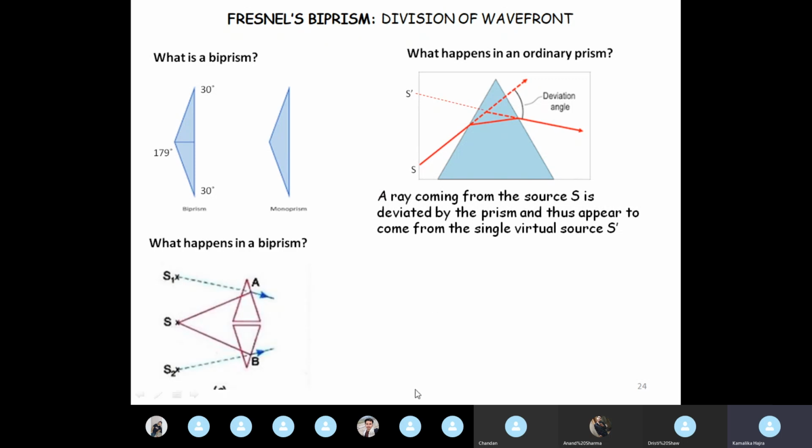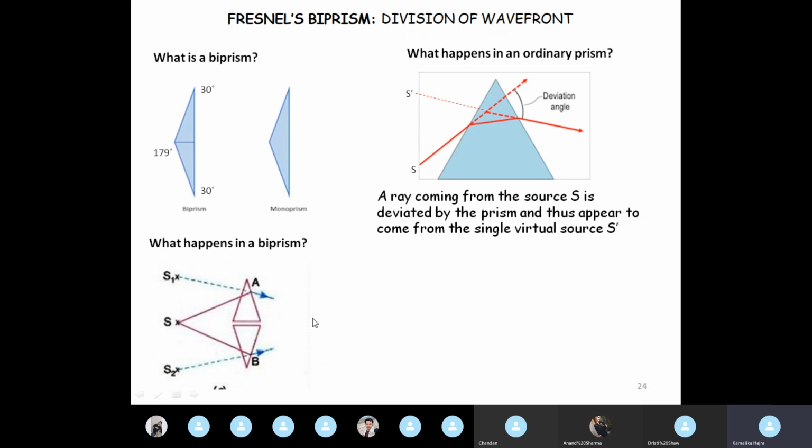As you can see, we have two triangles attached in the middle at the bases of the two triangles. So if you have a single source placed symmetrically about the two triangles, then the top triangle will deviate it downwards, and the bottom triangle will deviate it upwards.